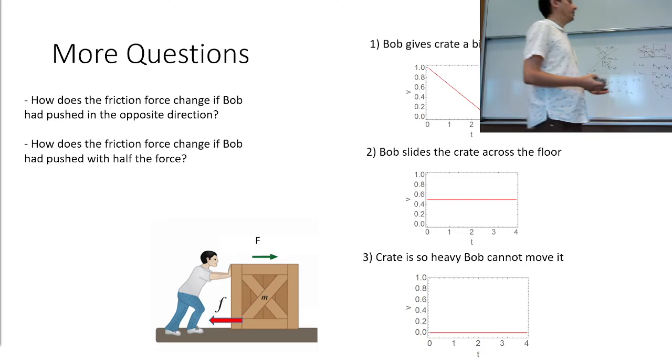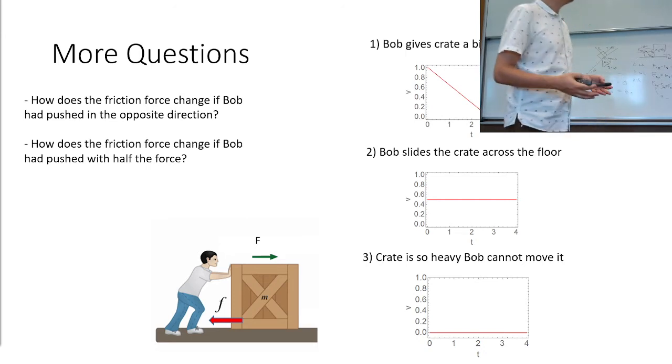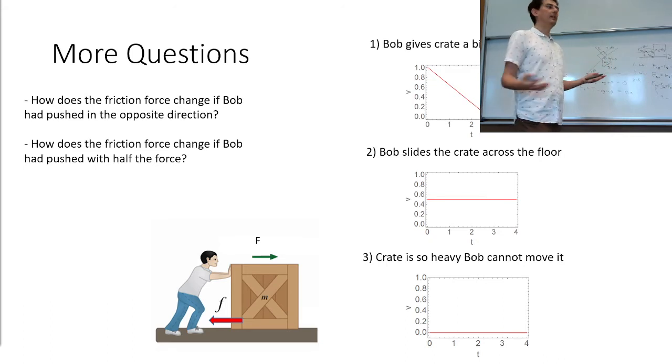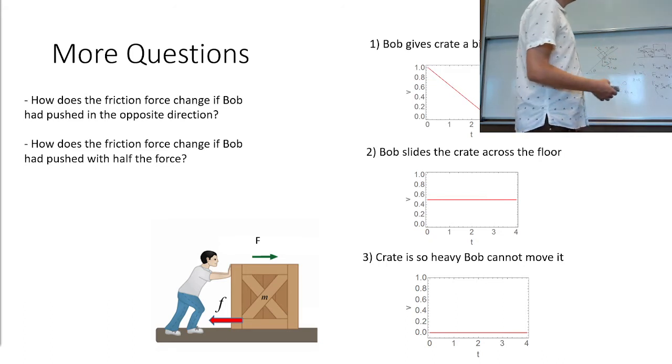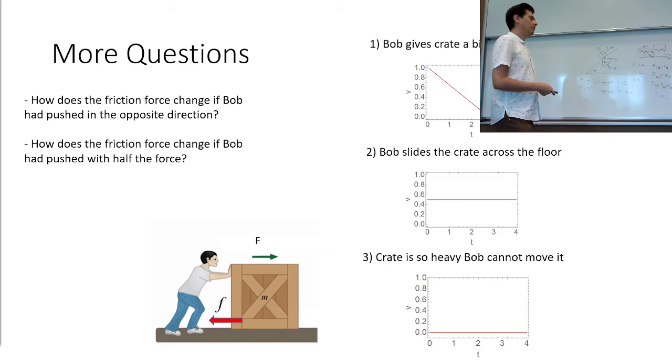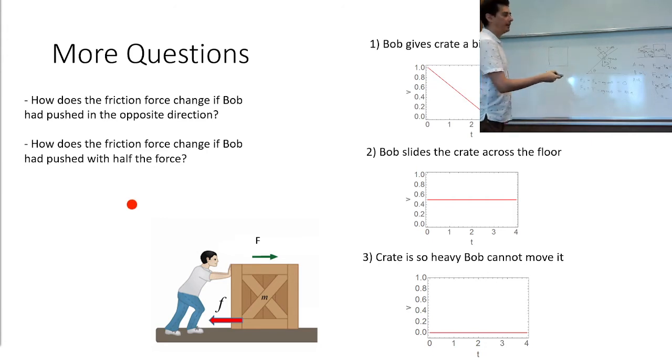the ball pushes in the opposite direction? I think most of you would appreciate that it's the same kind of thing. It's just that the situation is reversed. If he was pushing in the opposite direction, say we're looking at the third scenario here, where he's pushing on it and it's not moving.